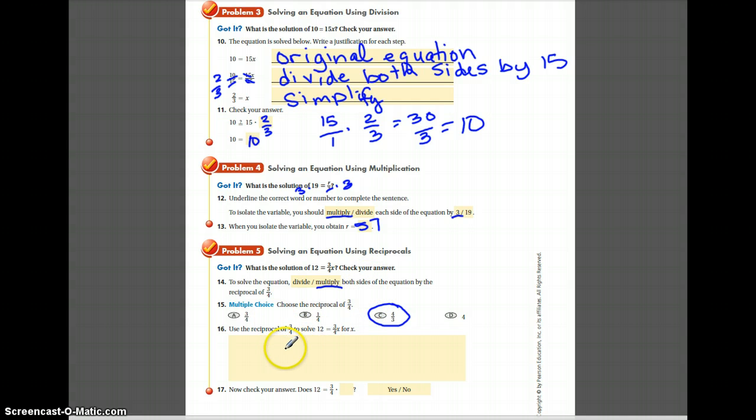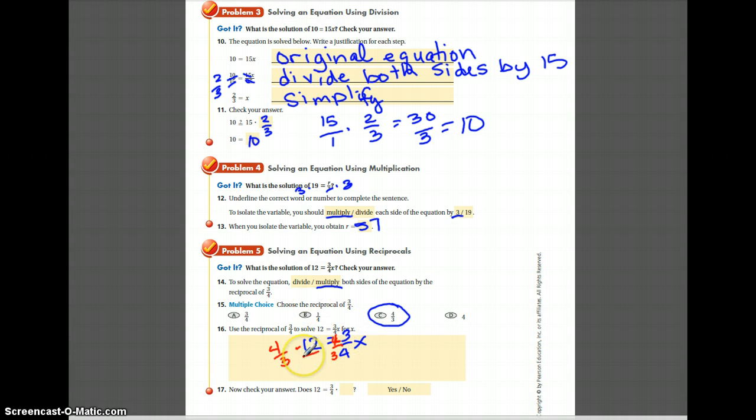Use the reciprocal of 3/4 to solve the equation. If we start out with 12 equals 3/4 x, then we will multiply by 4/3 on the right side and by 4/3 on the left side.